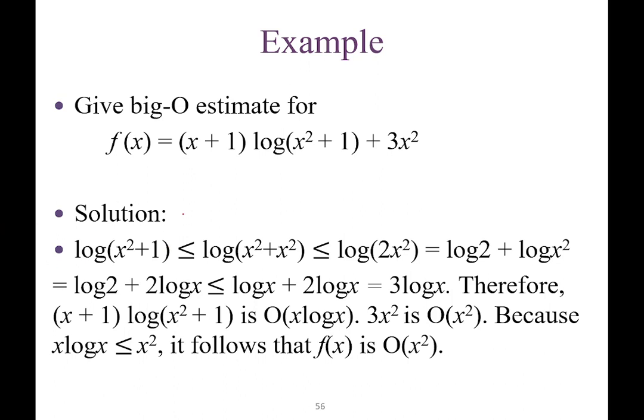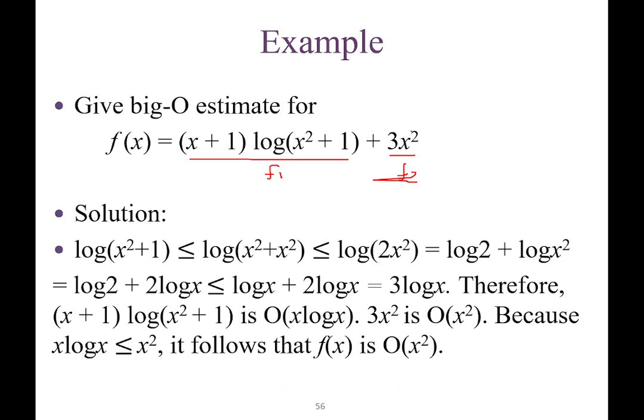Next, let's see this example: (x plus 1) times log(x squared plus 1) plus 3x squared. Let's see how we derive this. You can consider this is f1 and this is f2, so it's addition, right? So we need to choose the maximum between f1 and f2. How do we compare f1 and f2?